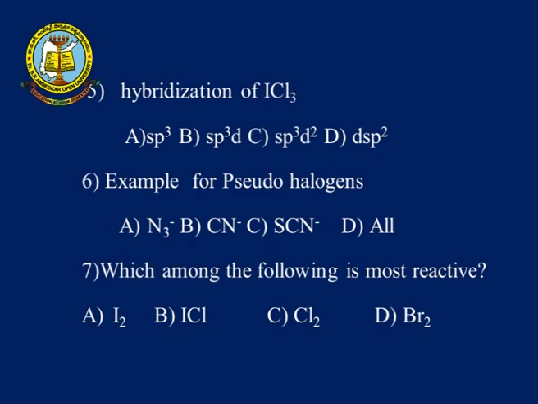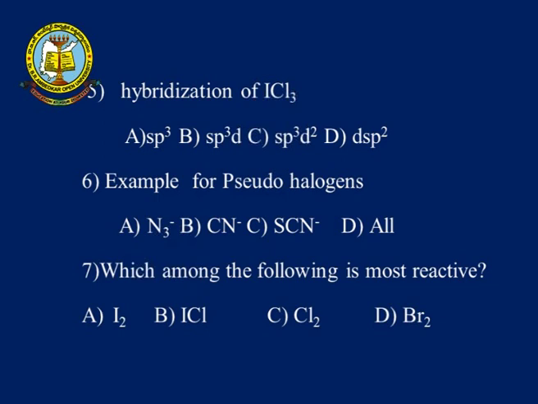Now, the last one: which among the following is most reactive? It is an excellent question. We are expecting it from a competitive examination point of view. You see, option A is iodine, option B is ICl, option C is Cl2, option D is bromine.